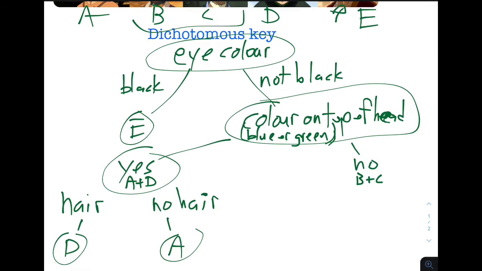So maybe I'll ask, ears greater than, maybe I'll say greater than or equal to, between 1/6 and 1/4 is 1/5, so I'll use that. Are the ears greater than or equal to 1/5 the size of the head?